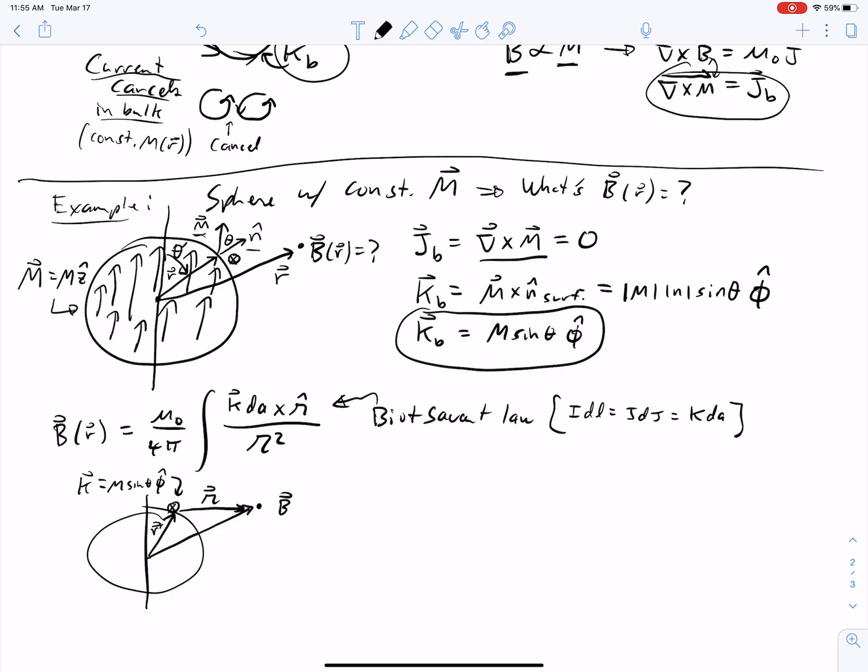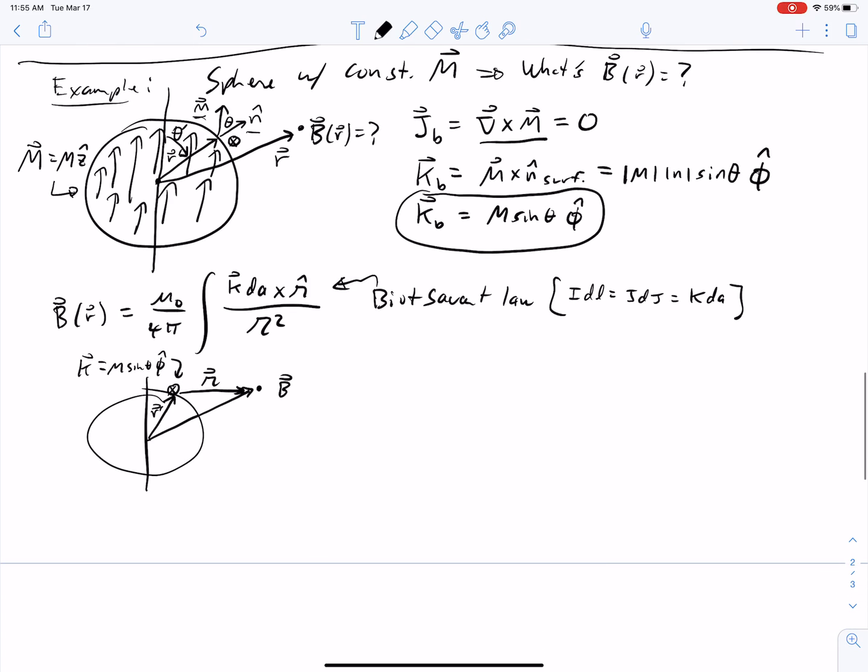And now it's a new problem, and this problem is easier. But I'm not going to solve it. That's as far as I'm going to go, and then you can finish it. I think it might be a homework problem. But I just wanted to set it up so you can get a sense. So that's how we use the bound current.